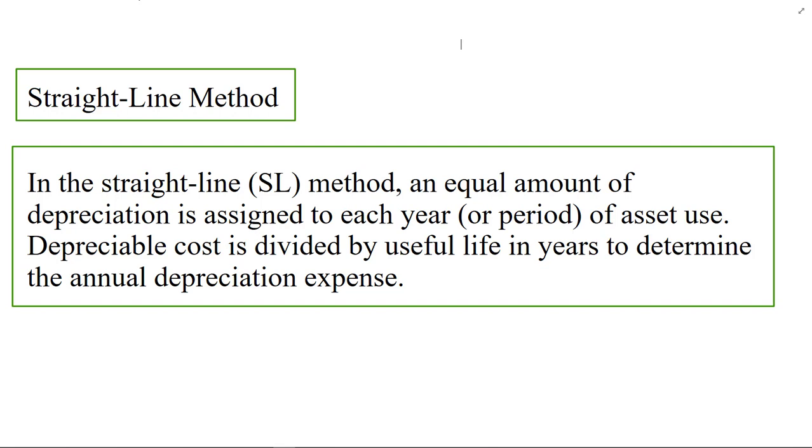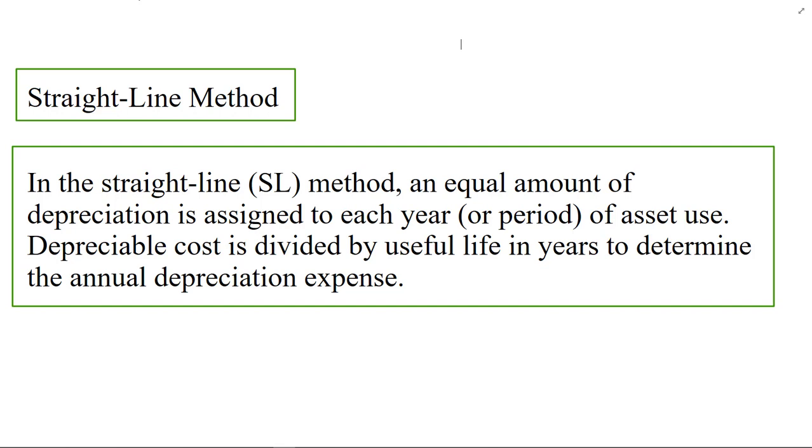And students, the good thing about calculating depreciation with the straight line method is that this is a very easy calculation, and we have a very easy formula for calculating the depreciation expenses. At the same time, this is the most common method of depreciation. It means the majority of companies and businesses go for the straight line method.